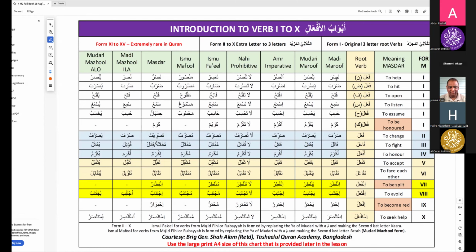Can I request that now they memorize these 9 keys of this extended chart, a short version: madi, mudari, amr, nahi, fa'il, maf'ul, masdar, madi majhul, mudari majhul. And then when they do nasara, yansuru, etc., they will be able to relate it. Correct. So it's not just the nasara, yansuru pattern they will be memorizing.